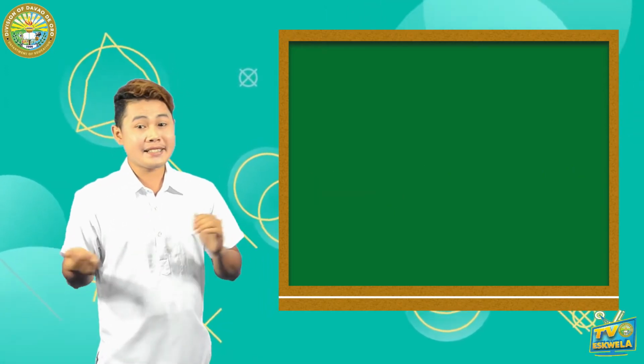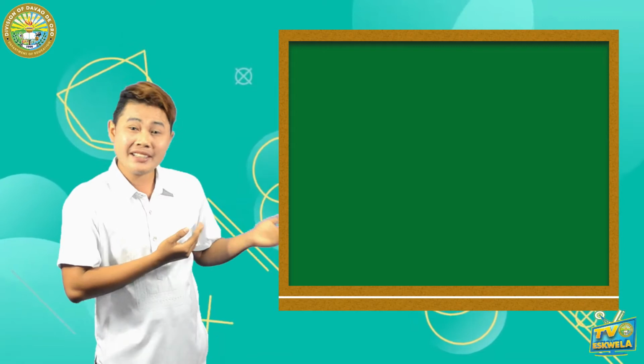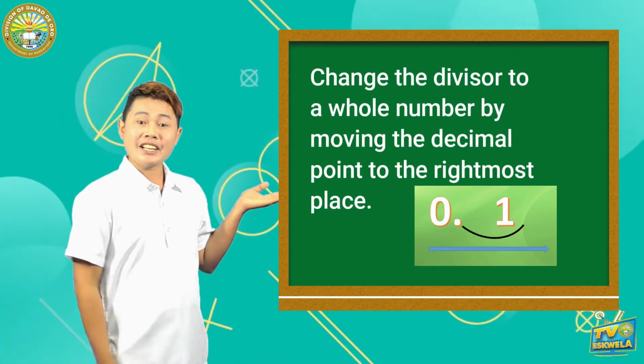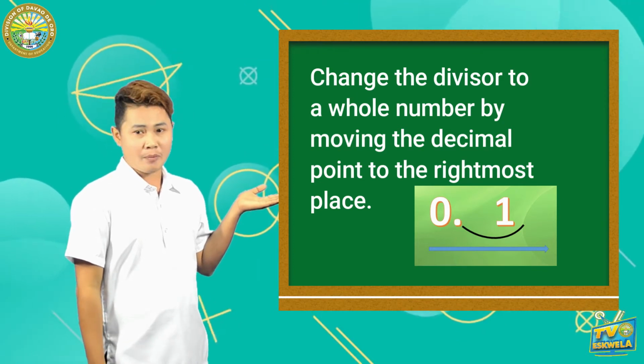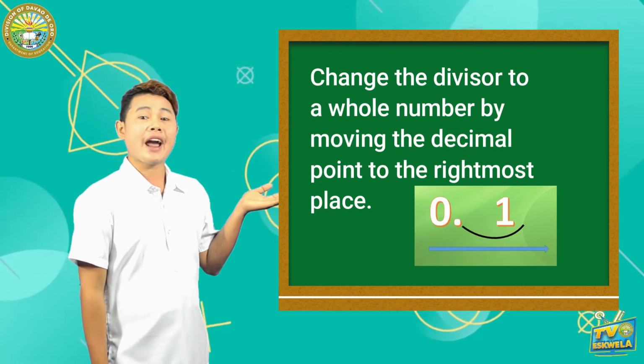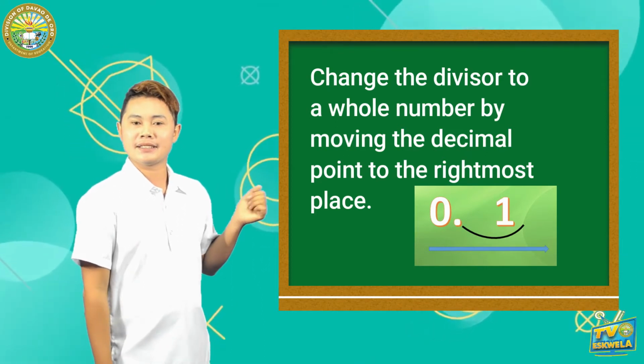To divide a decimal by another decimal, first, change the divisor to a whole number by moving the decimal point to the rightmost place.